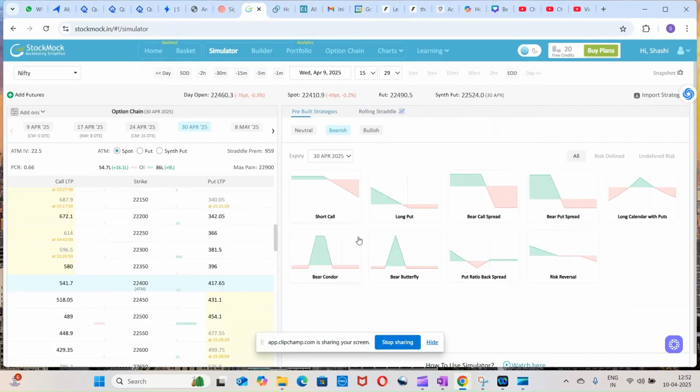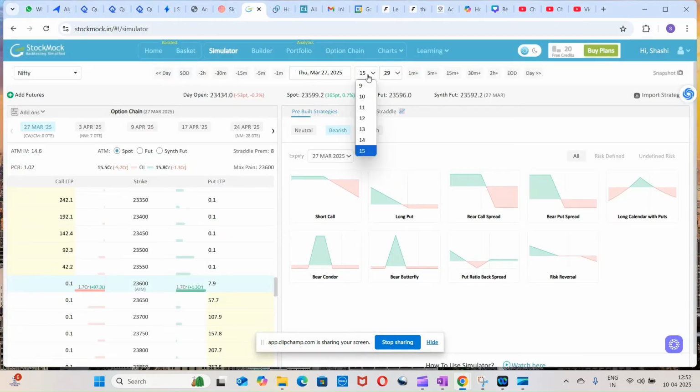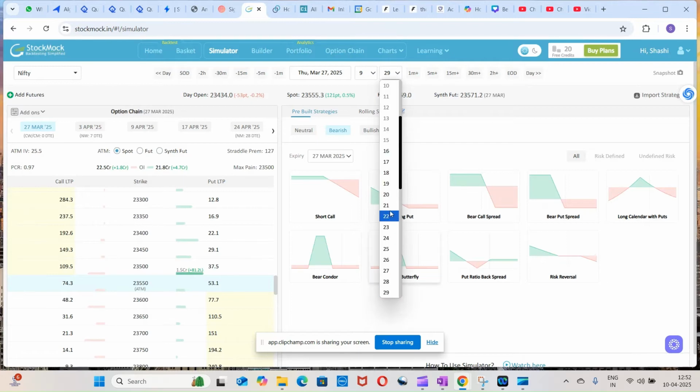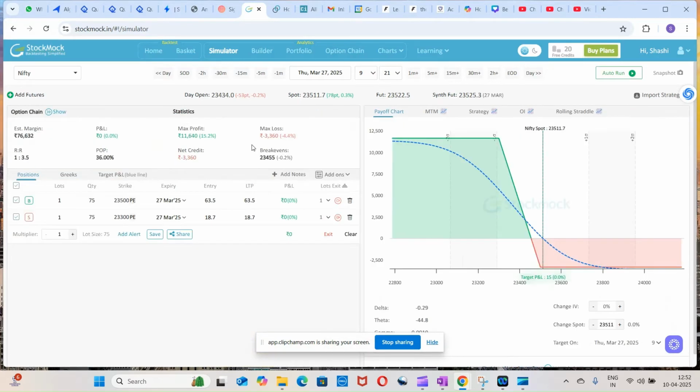Let's do the same for the other strategies. March 27th at 9:21 we enter, because that's when we got a confirmation. Then we take the bear put spread and run it daily till the end of expiry.